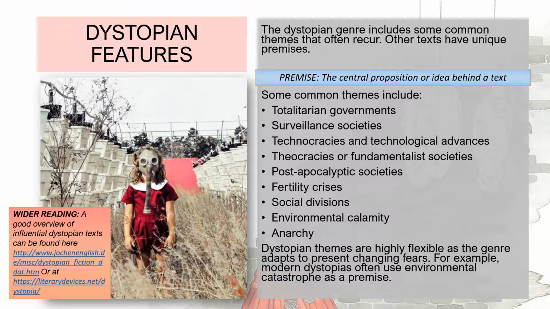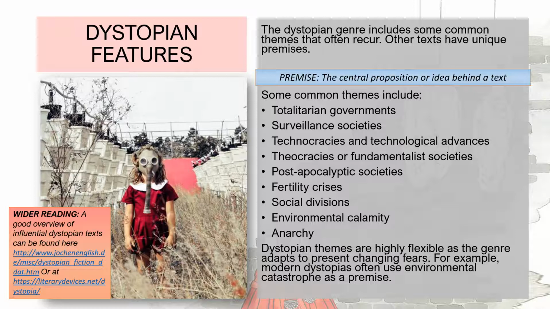There are some texts that belong within the dystopian literary tradition where sometimes it's difficult to tell whether they're a dystopia or not, and that can actually be part of the author's intentions to provoke readers to ask what the nature of a dystopia is.